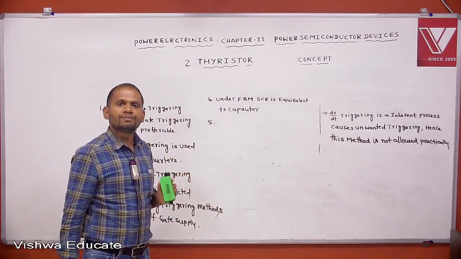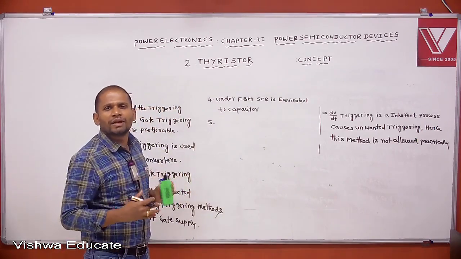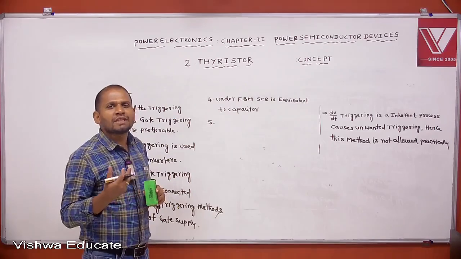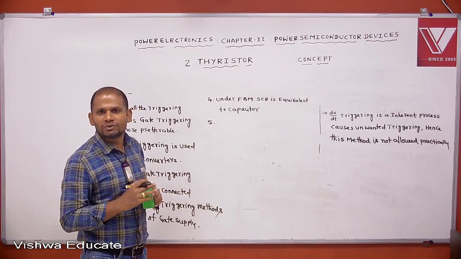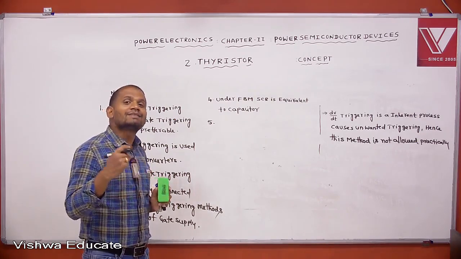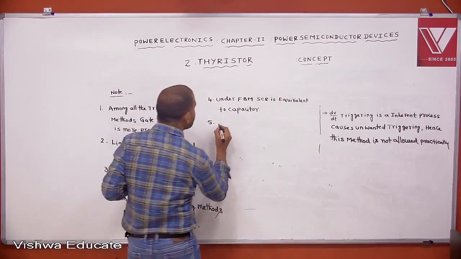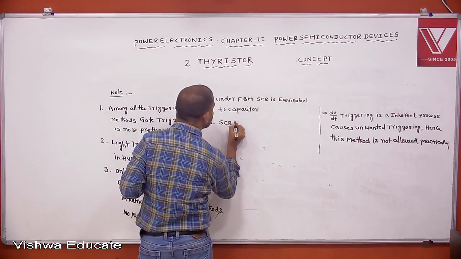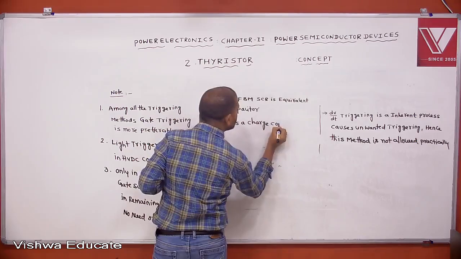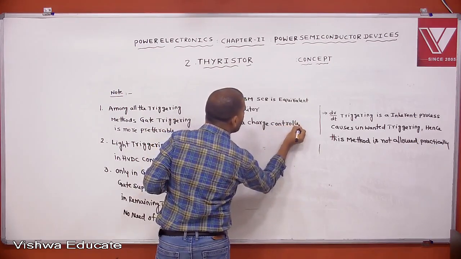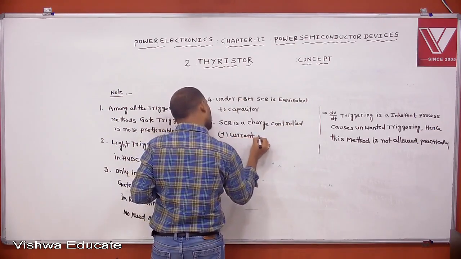Fifth observation. In all the above triggering methods, the thyristor or SCR is turned on by controlling the charge at the J2 junction. Hence, the SCR is a charge controlled or current controlled device.